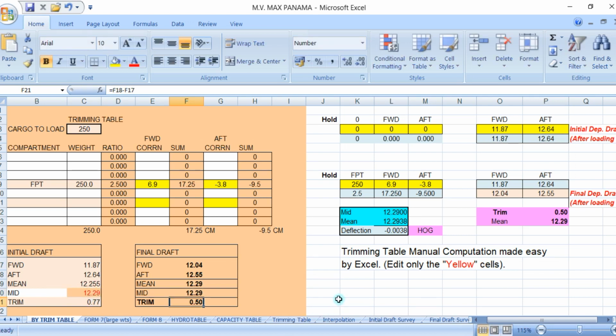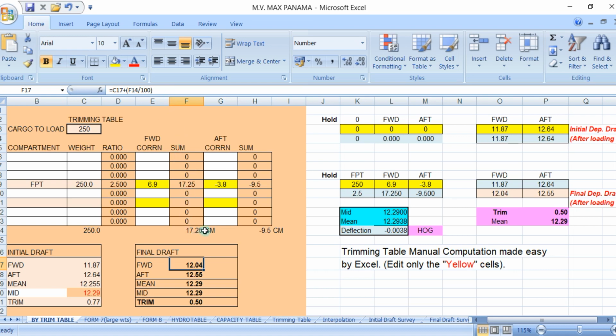Okay, so by this program, you will have a final forward drop of 12.04 and updraft of 12.55. So how do I get this figure? It says here C17. C17 is this initial drop plus F14, which is this one.